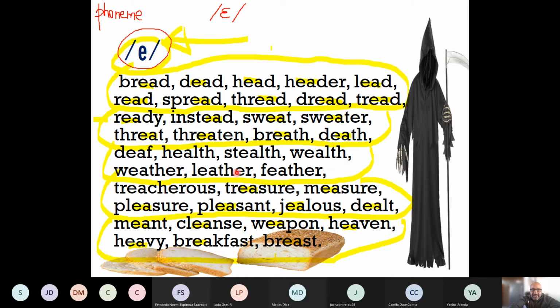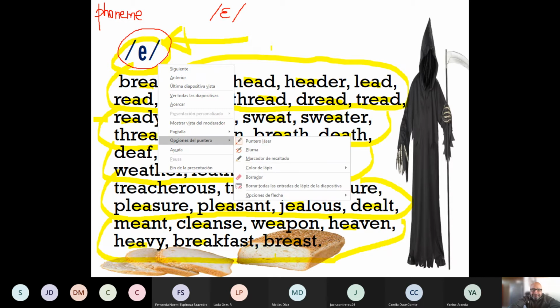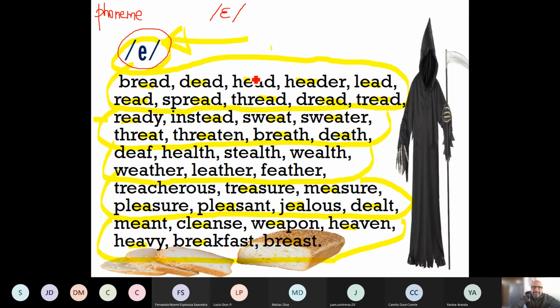Exactly. Cleanse. So what's interesting and difficult about this sound e? Sometimes, for example, the combination of letters E and A, such as in the word bread, is pronounced bread.